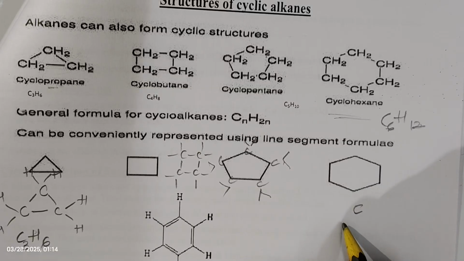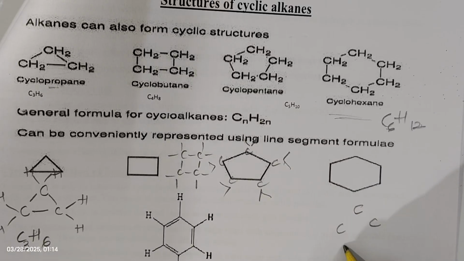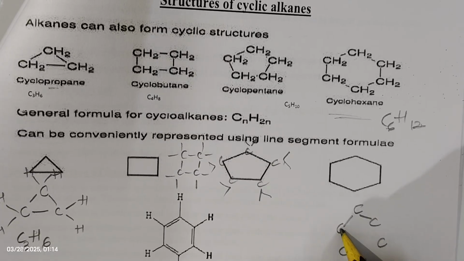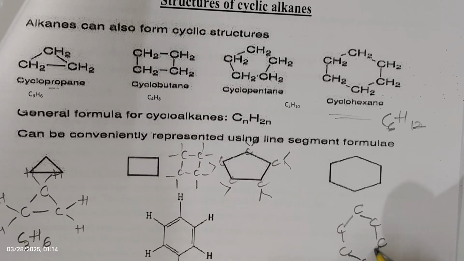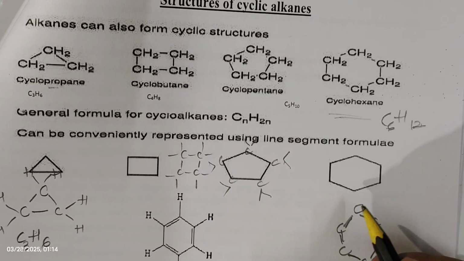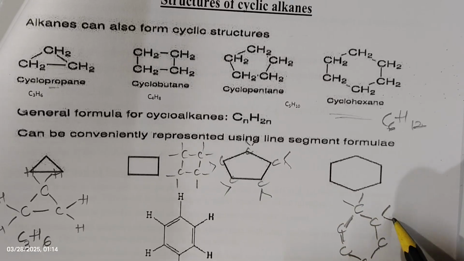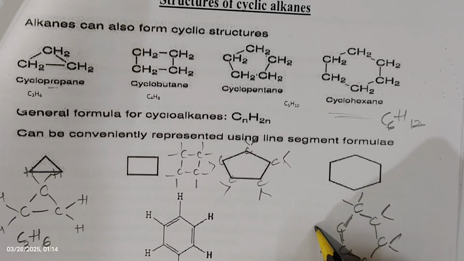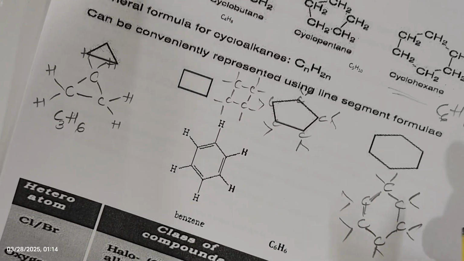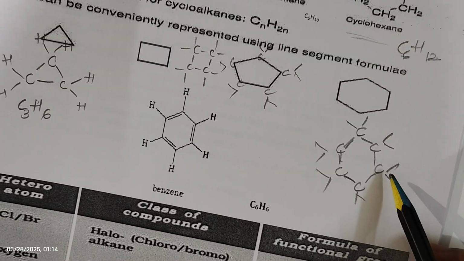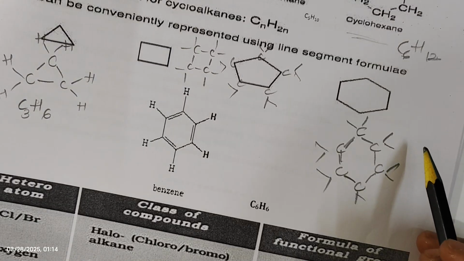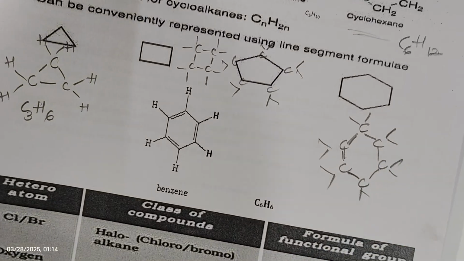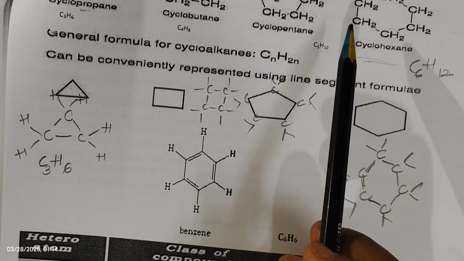You have to write a hexagonal structure of cyclic hexane like this, 6 carbon atoms followed by 2 hydrogens for each carbon. See here, for every carbon atom you have to write 2 hydrogens. So this is cyclohexane. They may ask you for differences or to write the structure. So these are cyclic structures.